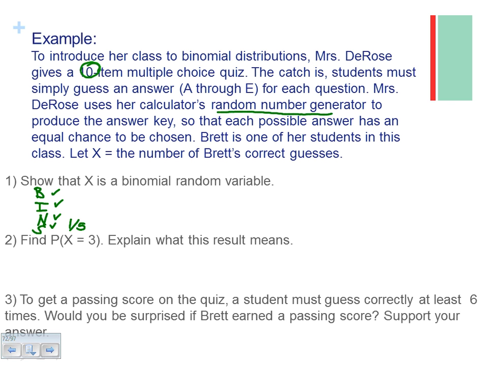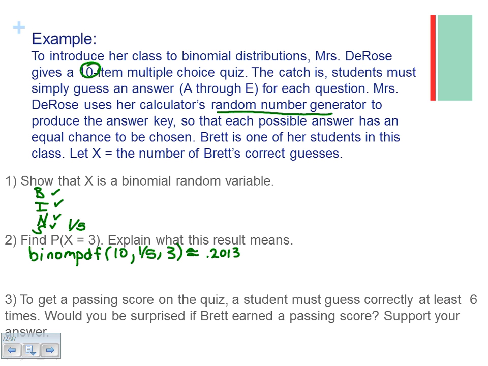Okay, so let's look at the next question. Find the probability that X is equal to 3 and explain what this result means. Alright, so if it's just 3, I'm going to do a binomial PDF. The number of times I'm doing it is 10. Probability of success is 1/5. And I want to know that I get 3 successes. And I get approximately 0.2013.